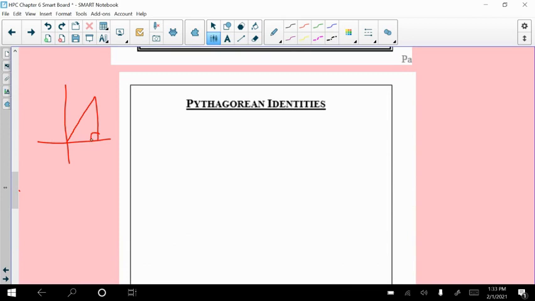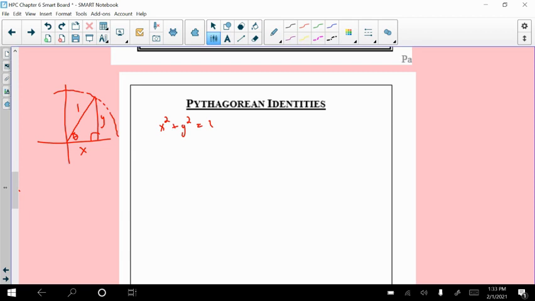So my hypotenuse will be 1. There's the x, there's the y, there's the 1. Here's my random theta, arbitrary. And again, I'm in the unit circle, so my radius is 1. Just based on the Pythagorean theorem, I know that x squared plus y squared equals 1.